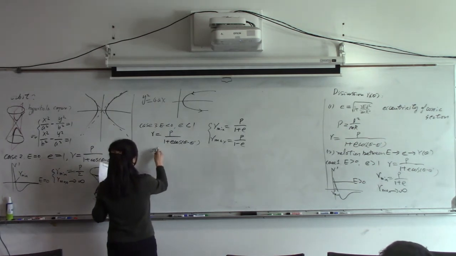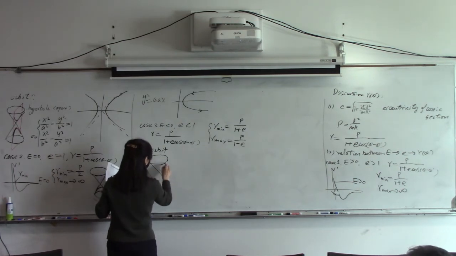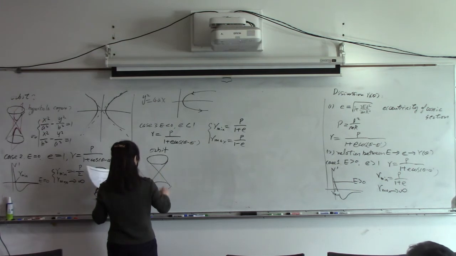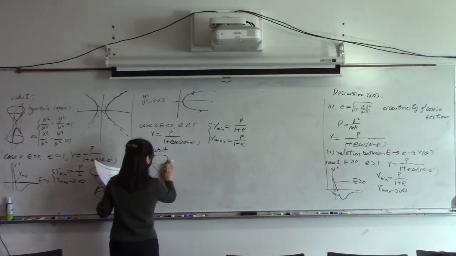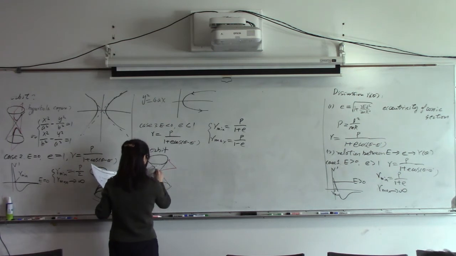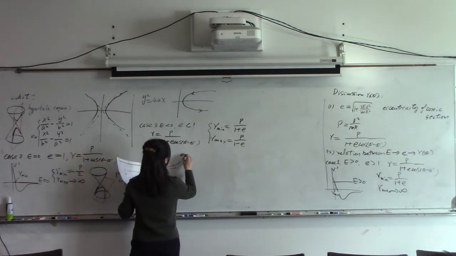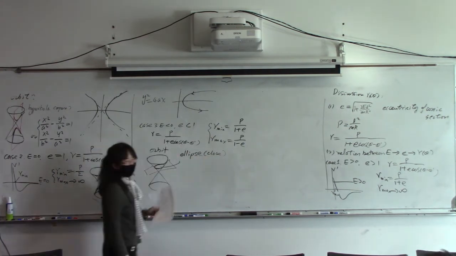So now the orbit, in this case, if we use this conic section, this is a closed orbit.